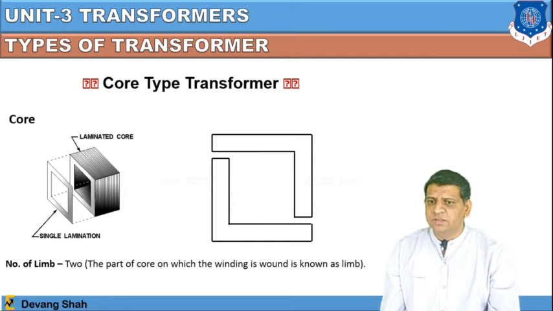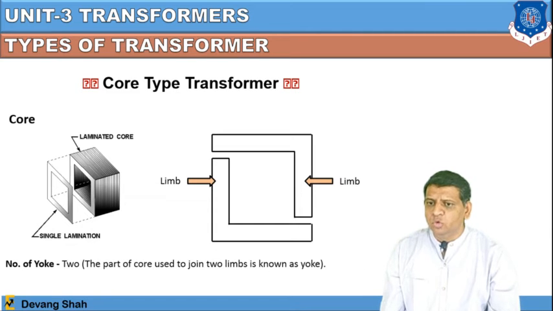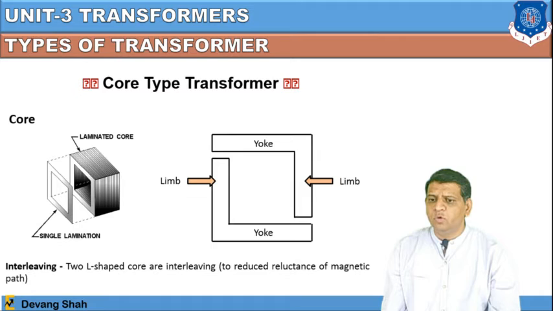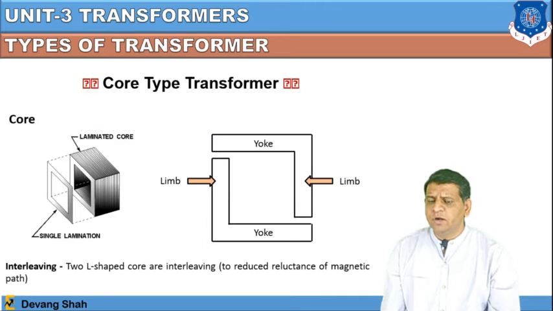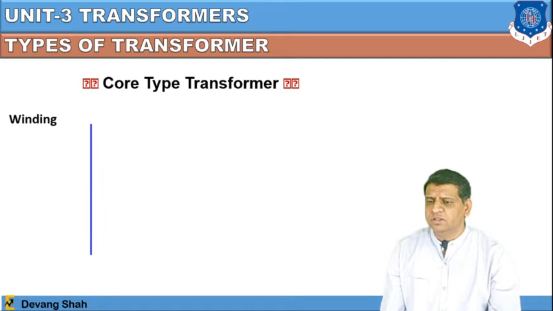Similarly, there are two yokes, and the part of the core used to join two limbs is known as the yoke. Two L-shaped cores are interleaved to reduce the reluctance of the magnetic path. So these two L-shaped pieces are joined together and that makes a core. Multiple stampings are connected together to construct the core.